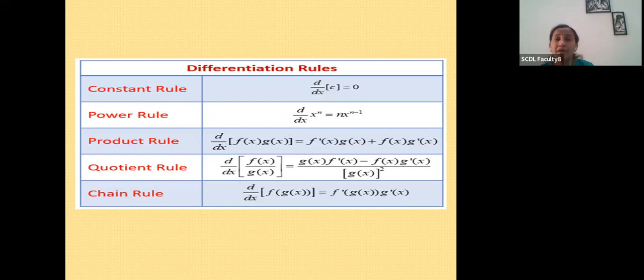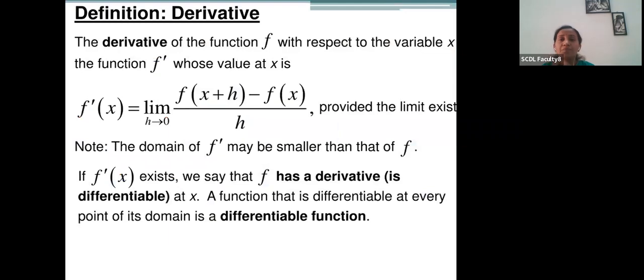Product rule: d by dx of f of x times g of x. Here we are given a function, and for that function we have to find the derivative. So d by dx of f x g of x is equal to f dash x g x plus f x g dash x. What is the meaning of f dash?